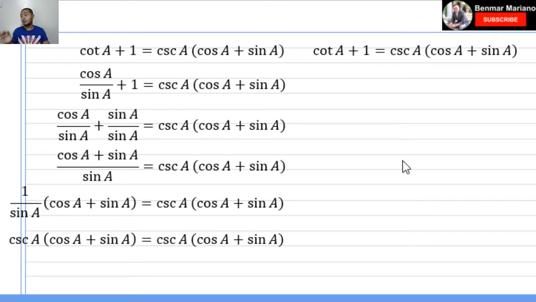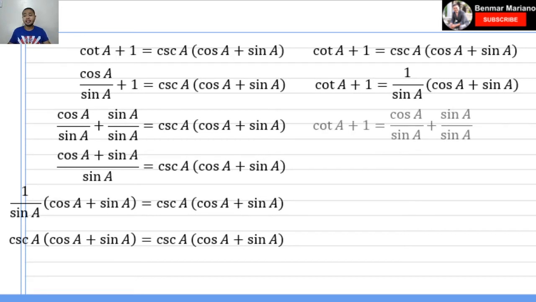Okay, so what I am going to do here is cosecant A, I'm going to express it in terms of sine and cosine function only. So, cosecant A now will become 1 over sine A. And that is applying the reciprocal identities. Next, I'm going to distribute 1 over sine A to cosine A and sine A, as you can see on our screen.